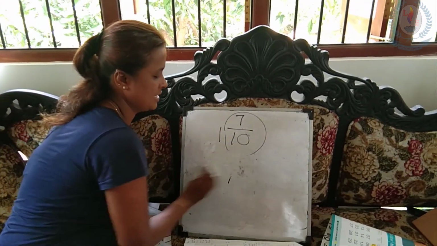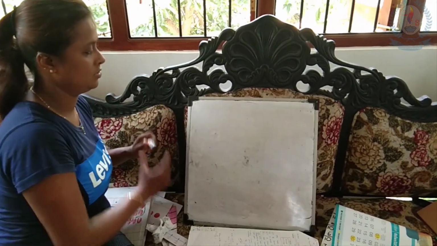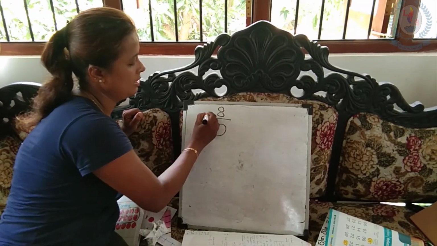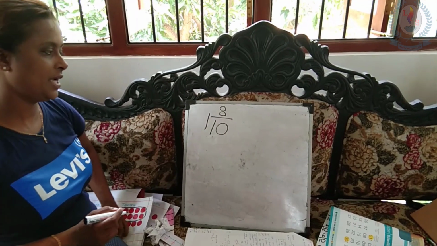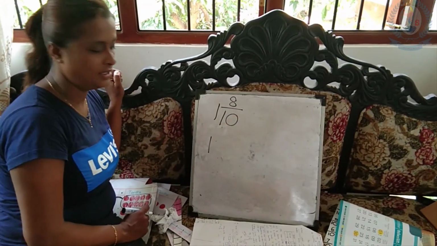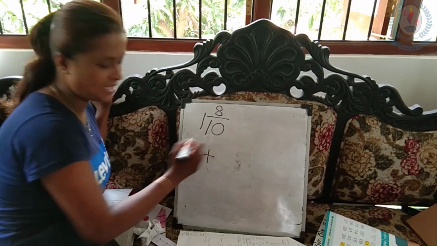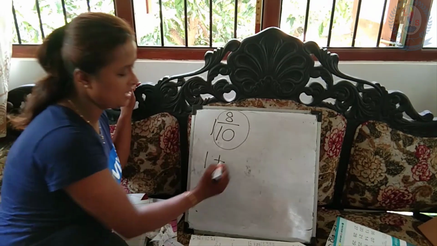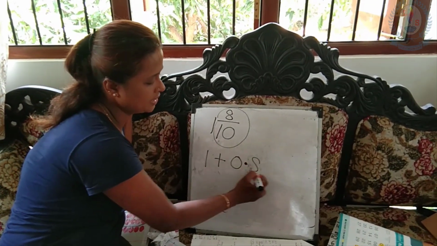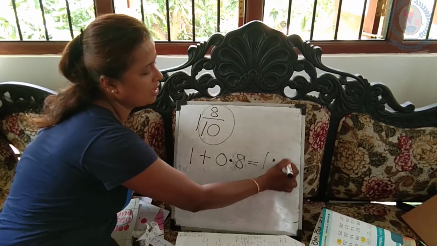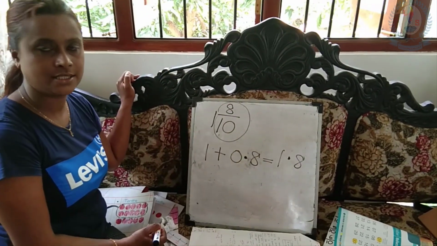Okay, I will take another example. 1 and 8/10. This 1 represents 1. We can use a plus mark. This 8/10 we can write as the decimal 0.8. When we add this, we will get 1.8.